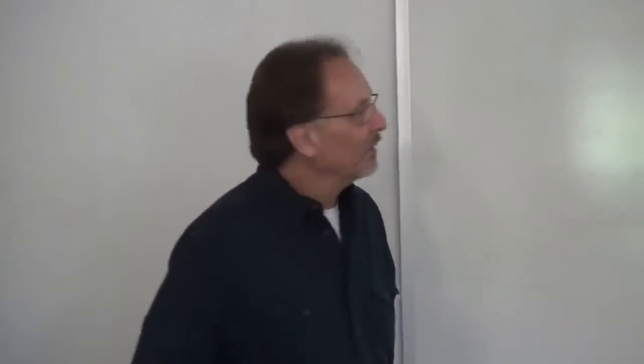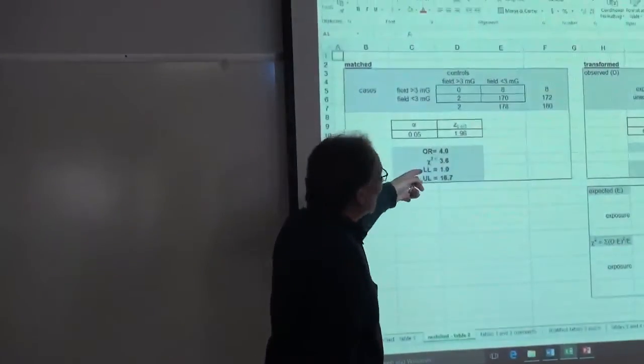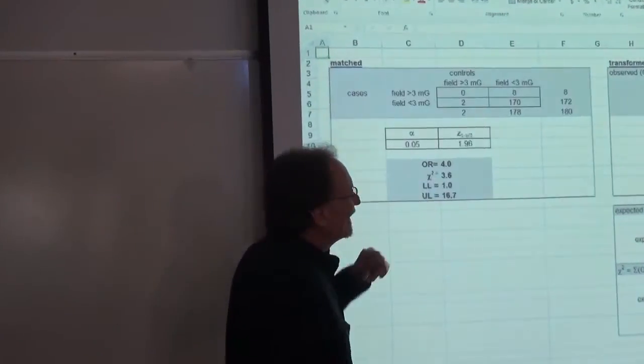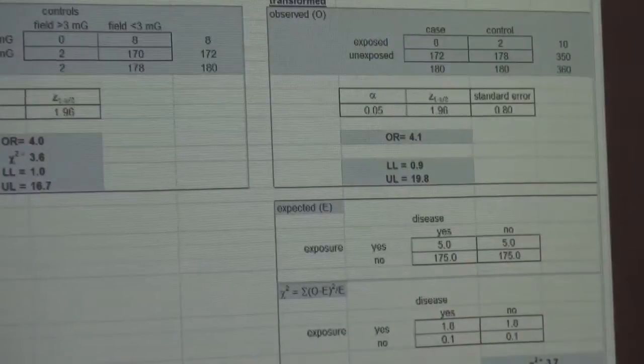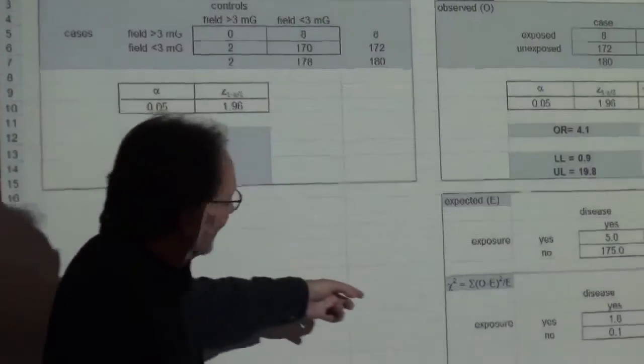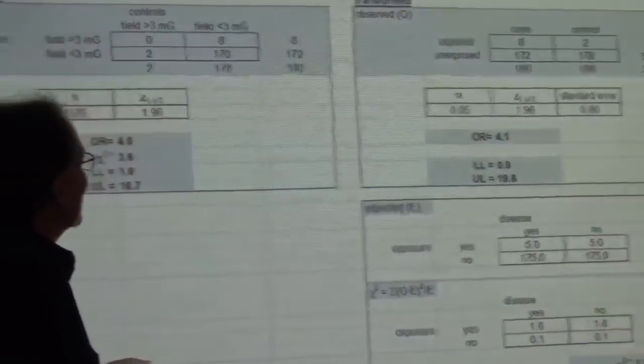Go on and do the same analysis for table 2, based on above or below 3 milligauss this time. And you get something that is very rare. You get a lower limit of 1. Okay, that's a close call right there. When you transform it, you get slightly different results. This shows to be not significant, and this shows to be not significant. The results are very similar.